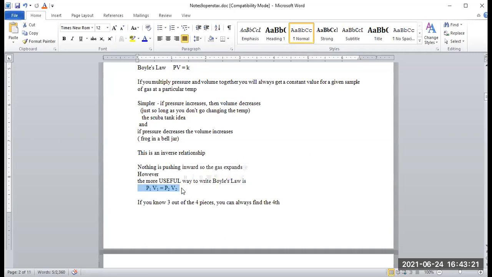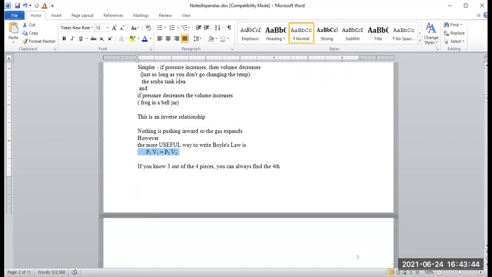Instead of M for molarity, we are using P for pressure. So P1V1 equals P2V2. Rules of algebra: if you only have one equation, you only get to have one unknown. That means you have to know 3 of the things that you are putting into this equation.